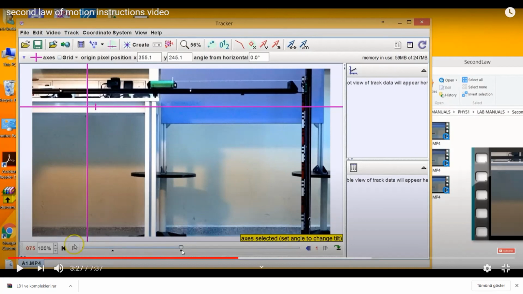We will not deal with this motion as we want to analyze the motion with constant acceleration. So the limit of the region where we analyze the motion is the moment when the cart starts to move and the tension in the rope decreases to zero.